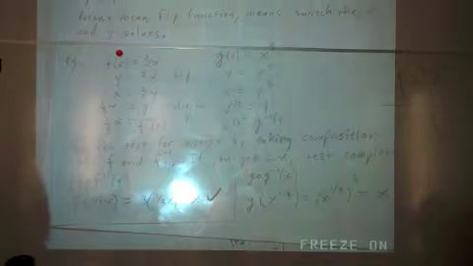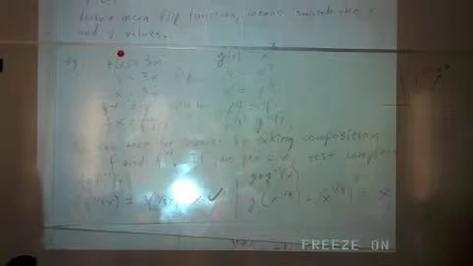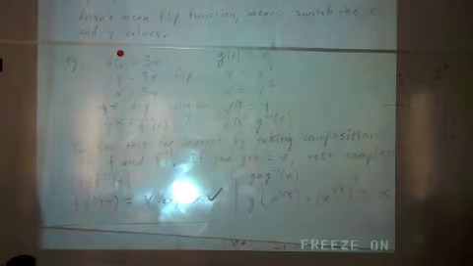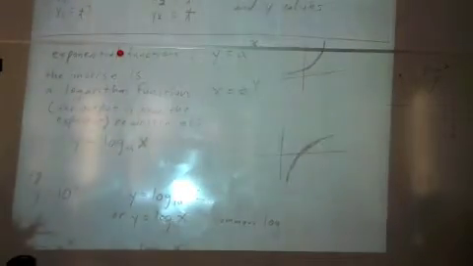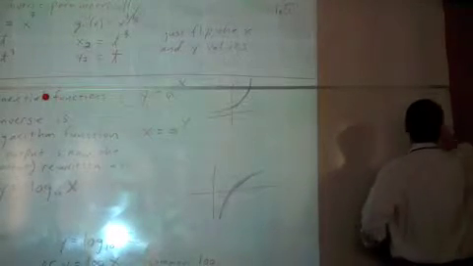Okay? Now, geometrically or graphically, what that means is they're symmetric about the line y equals x. And we're going to do that in a second. For example, the one on the right was x cubed and x to the 1/3.